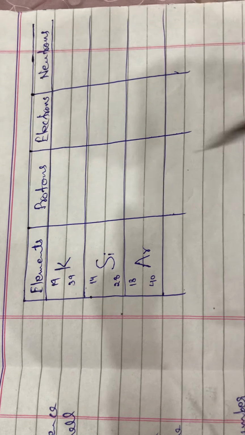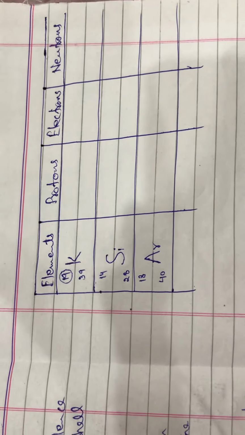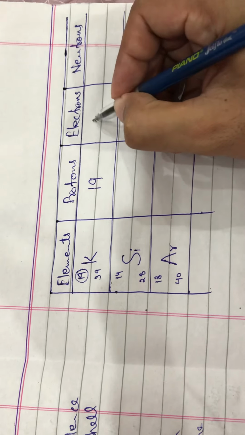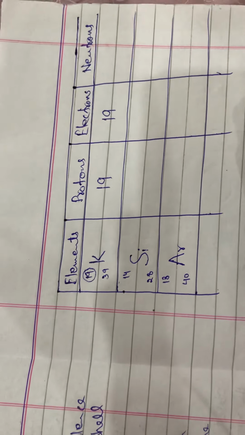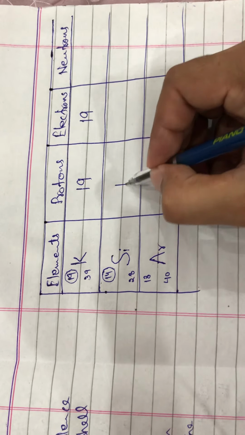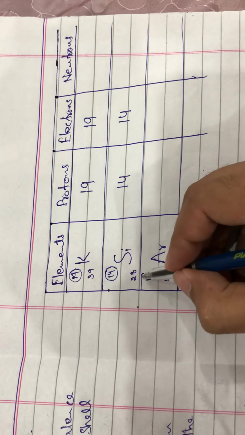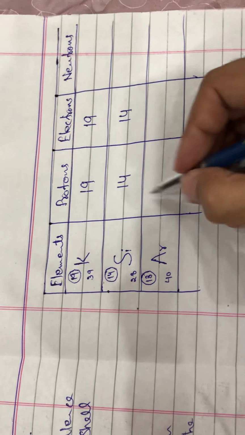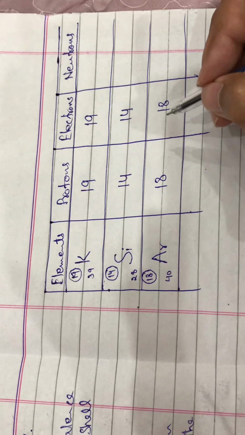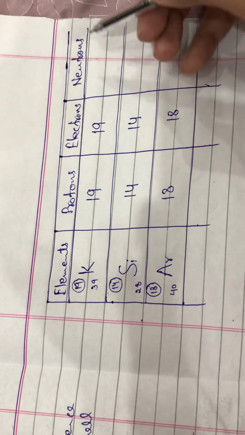Over here, the atomic number represents the number of protons and electrons. So in an atom of potassium, we have 19 protons and 19 electrons. Similarly, in an atom of silicon, we have 14 protons and 14 electrons. Argon has 18 protons and 18 electrons. Now, how can we find the neutrons?